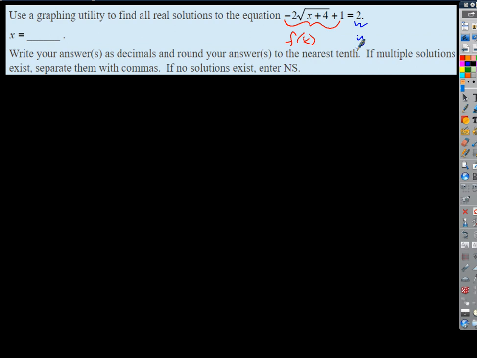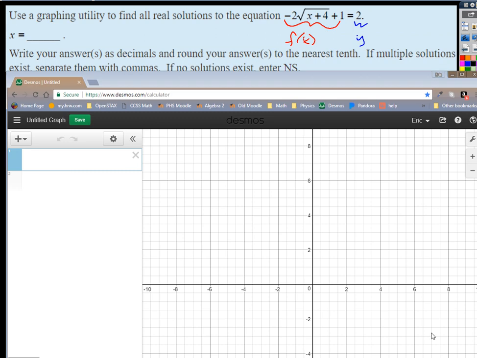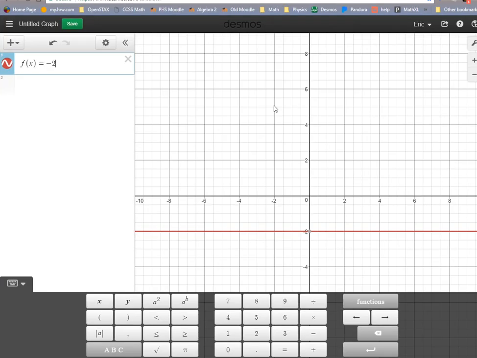So all we have to do in Desmos is put whatever's on the left of the equal sign, we're going to graph that in one of the rows. So line 1, let's say. So we'll do f of x, we could just call it y in this case, equals negative 2. Okay, where do I find a square root? In functions. Okay, down there. And here it happens to be a square root, but what if it was a cube root?